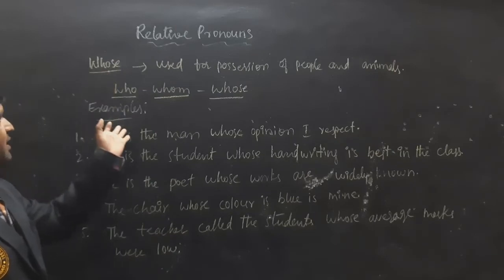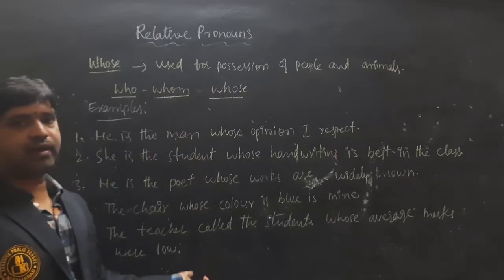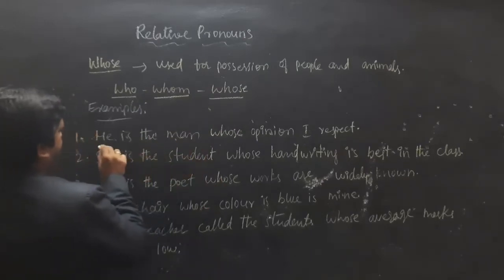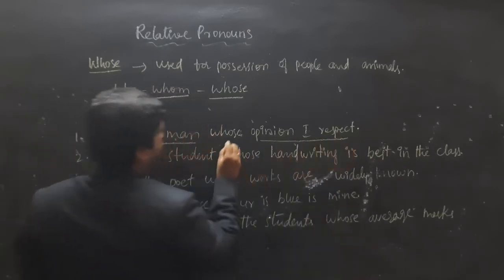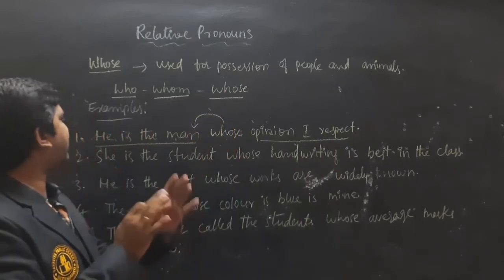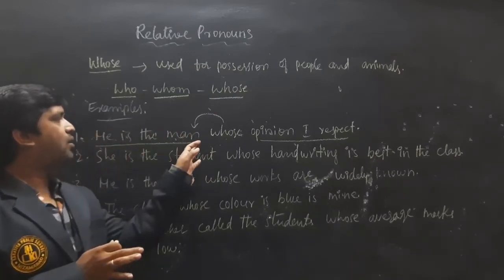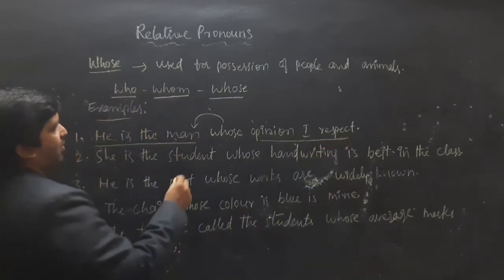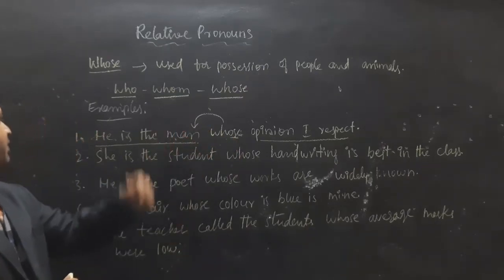Here see the examples of how we use whose as a relative pronoun in sentences. He is a man whose opinion I respect. Whose opinion means the opinion which is said by this man. I respect the opinion of this man. Whose is related to that man.